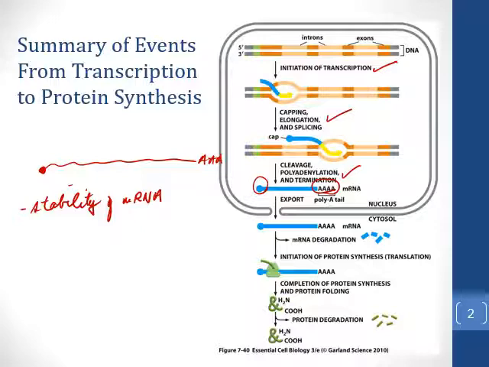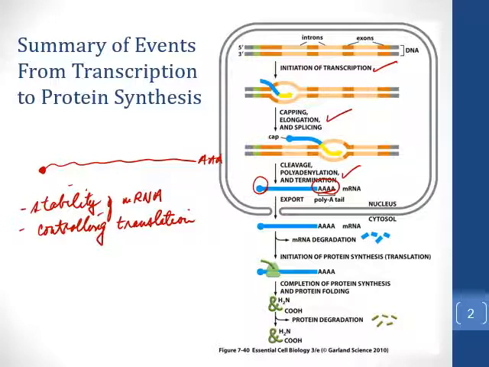And the other way would just be controlling translation. In other words, if you've got an mRNA, even if that mRNA is stable and is not going to be degraded, you're still not going to get a protein unless you translate that mRNA.